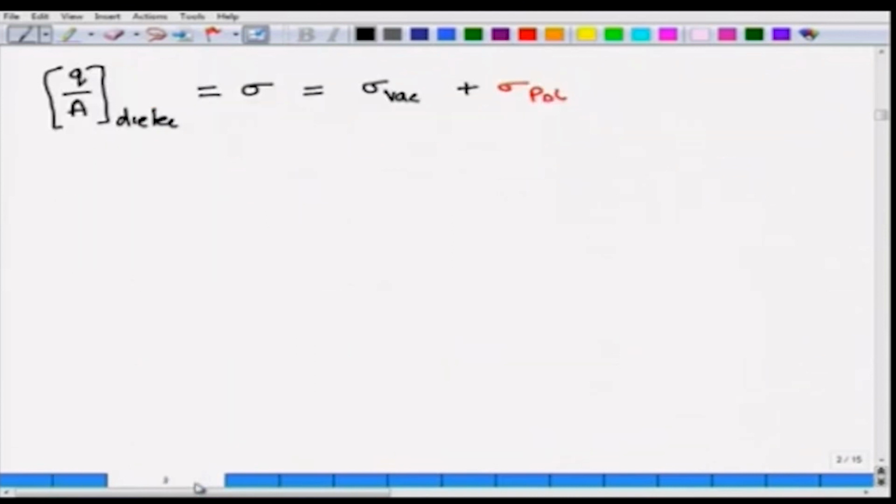So, if that is the case, then we write this quantity as epsilon naught K prime V by D, equal to epsilon naught E plus sigma due to polarization. What is this quantity V by D? Of course, it is the electric field.